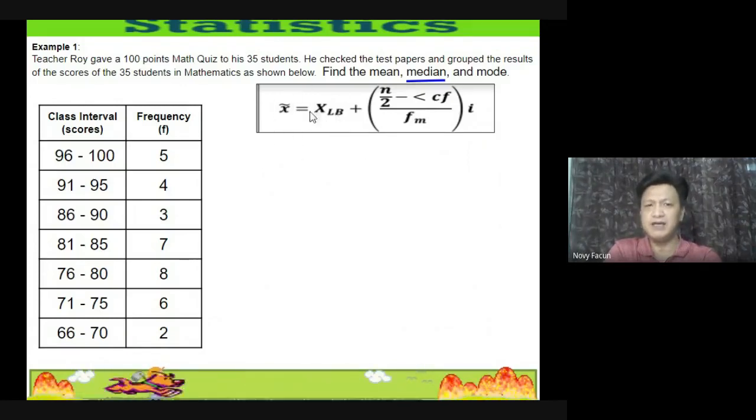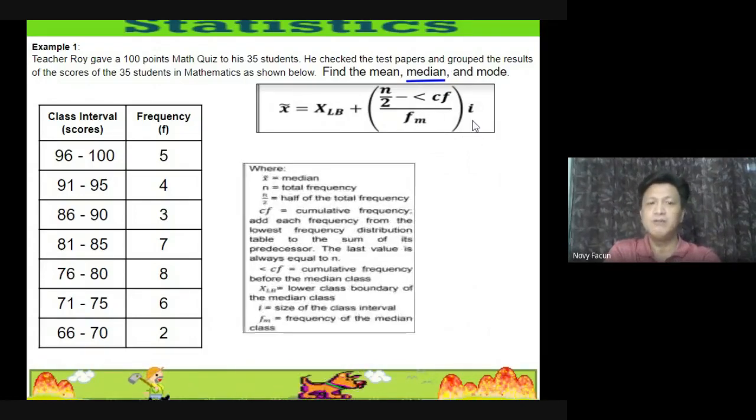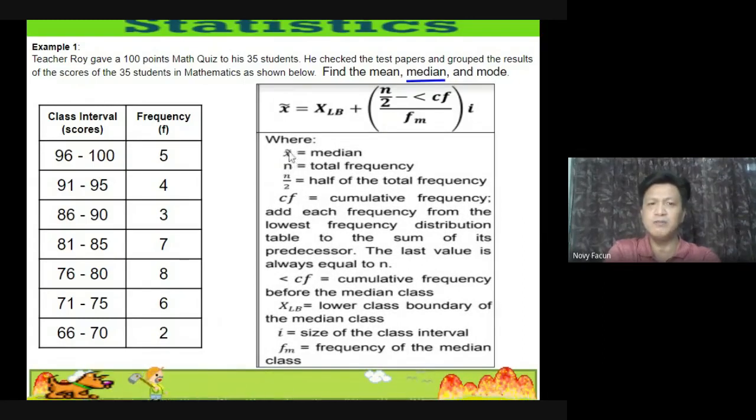Then X sub LB, meaning the lower boundary, plus n over 2, which we call the median class, minus the less than cumulative frequency, divided by the frequency of the median class, multiplied by the class size, which is i. So where X with a wavy line is the median, N is the total frequency, and N over 2 is half of the total frequency.